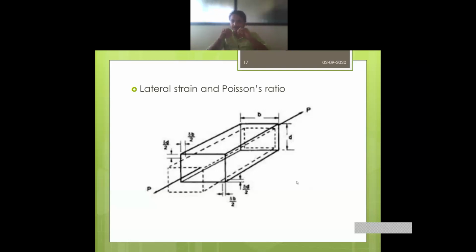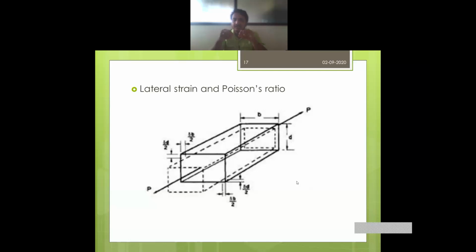Until now, when we spoke about strain, we considered only along the length, but we had not considered along the cross section. So if the length is increasing, the cross section is also decreasing. That strain in the direction of the cross section, we call lateral strain.